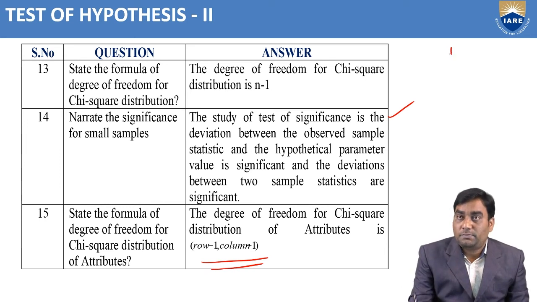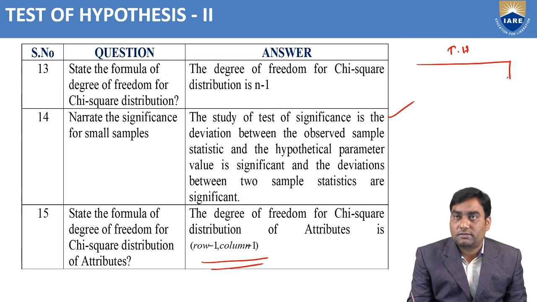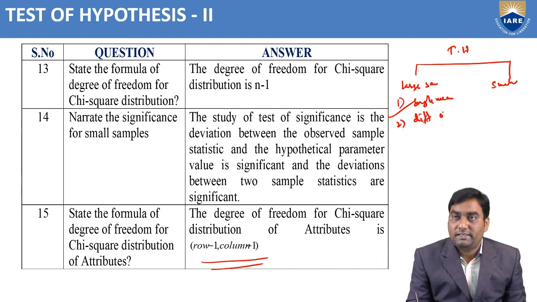See, I'll explain test of hypothesis. We divide it into two parts: large sample and small sample. Total 8 tests. Large sample: single mean, difference of means, single proportion, difference of proportions.